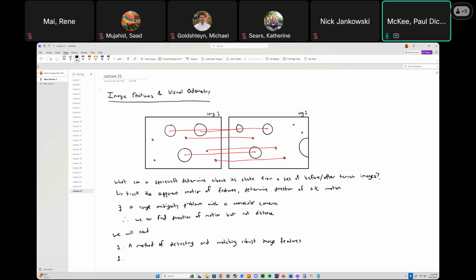And then number two, a method of estimating camera motion from corresponding before and after points. And that is visual odometry.